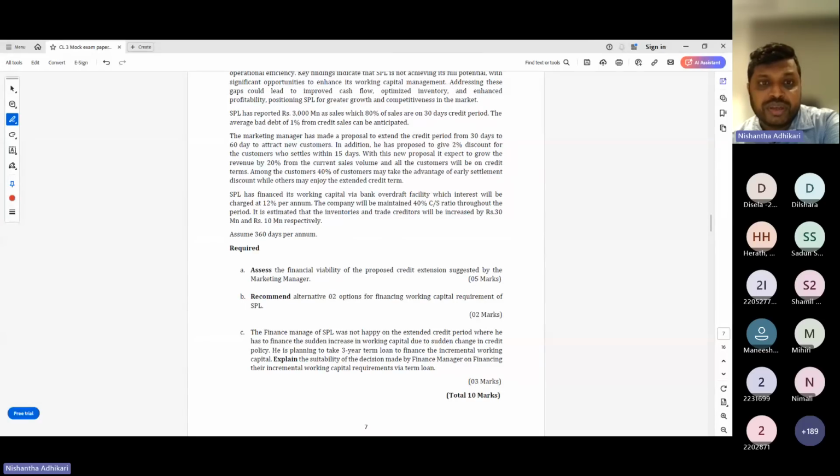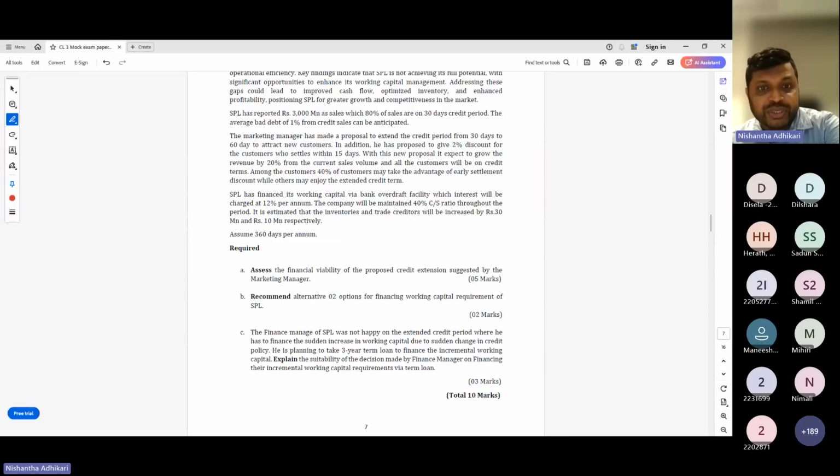What they asked: assess the financial viability of the proposed credit extension suggested by the marketing manager. Recommend alternative options for financing the working capital requirement of SPL.